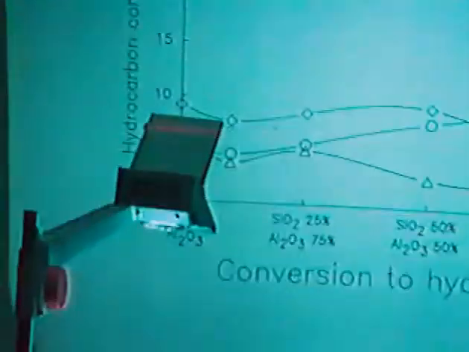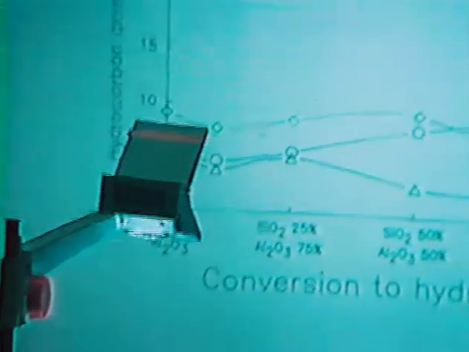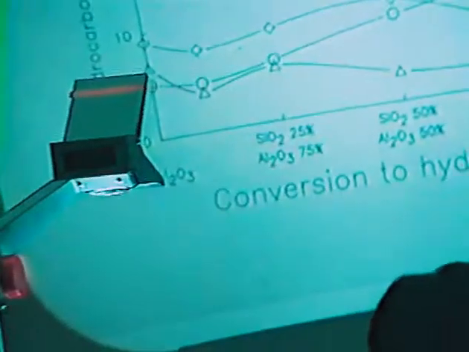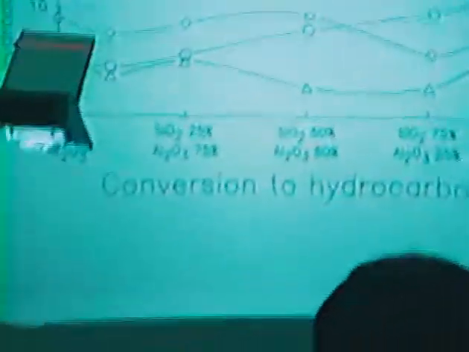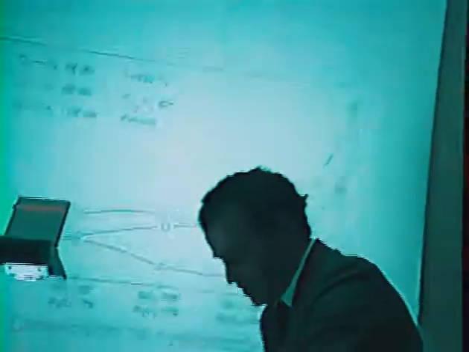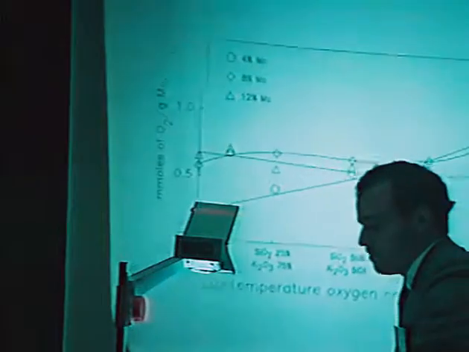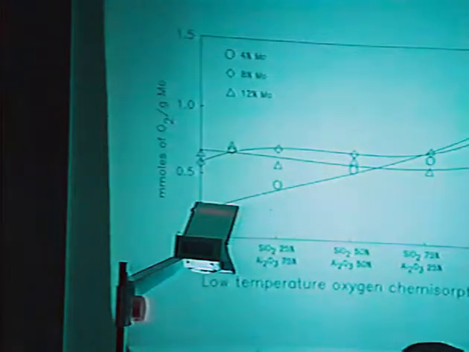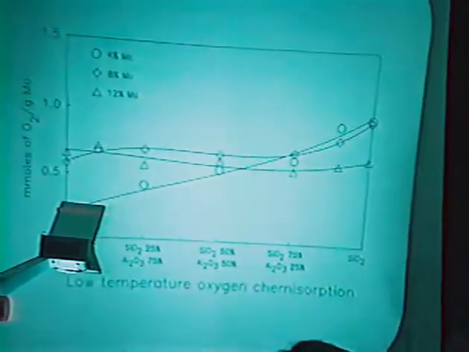And we found that the largest activity, the largest conversion towards hydrocarbon, was achieved when the support was silica. So we tried to correlate this result first with the coordinatively unsaturated sites coming from the metal. For that, we did an experiment of low temperature oxygen chemisorption, and approximately it correlates.